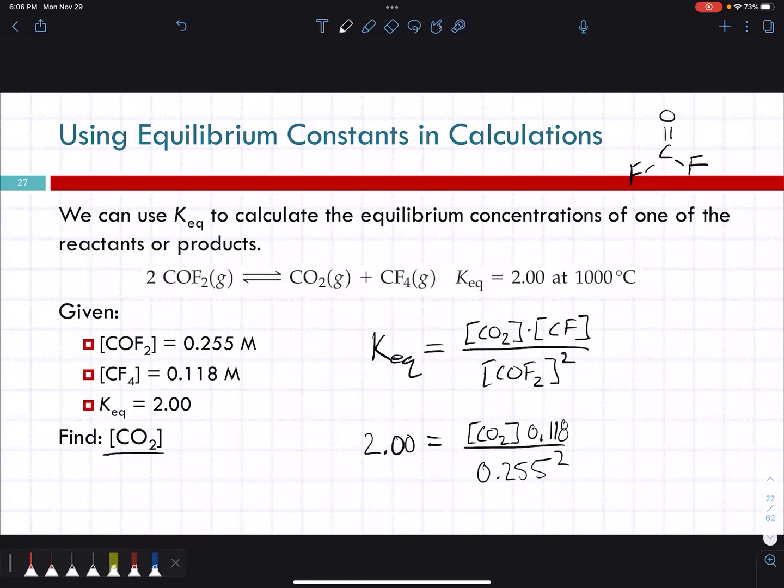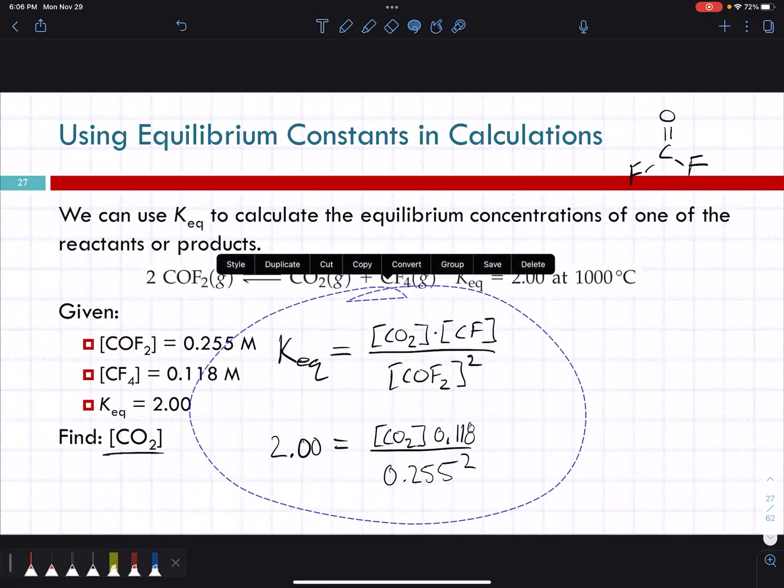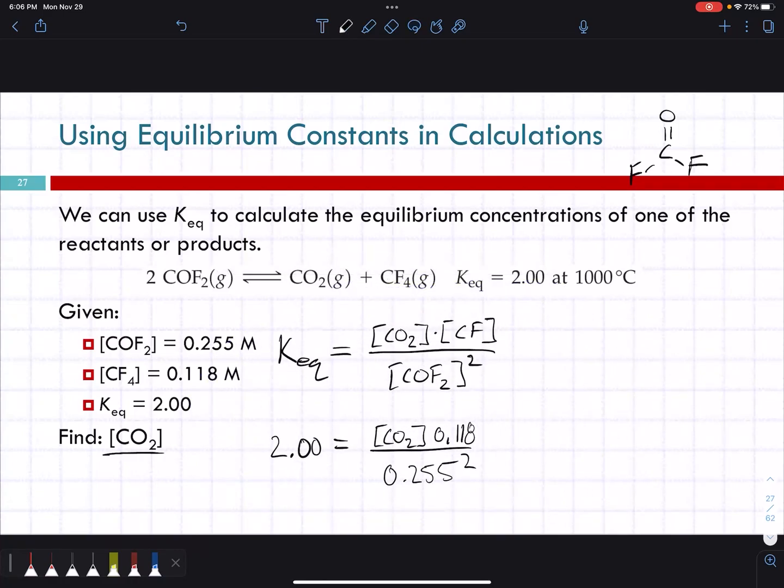And then it's just algebra from there. So I'm going to do 2.00 times 0.255 squared. That's going to be 0.13.